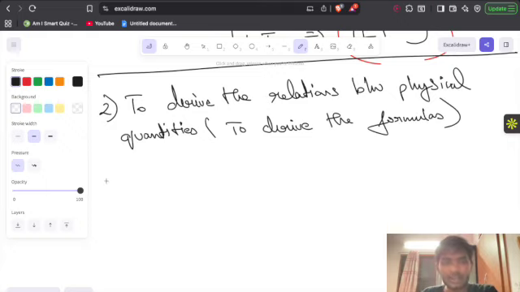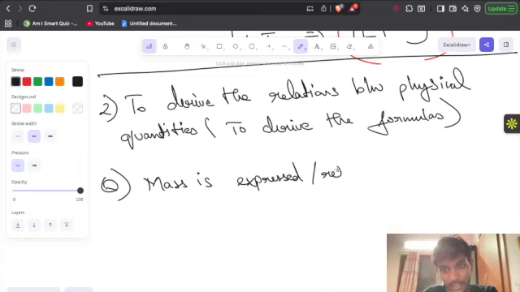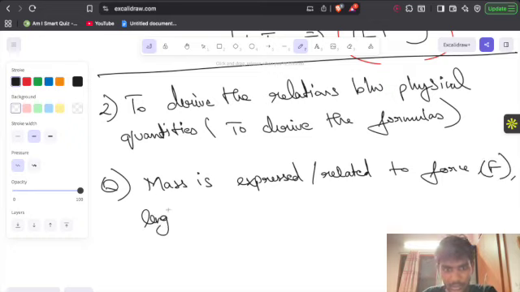Okay, so for an example question, let me say mass is expressed or related to force, which I am representing as F, length small l, and time small t.